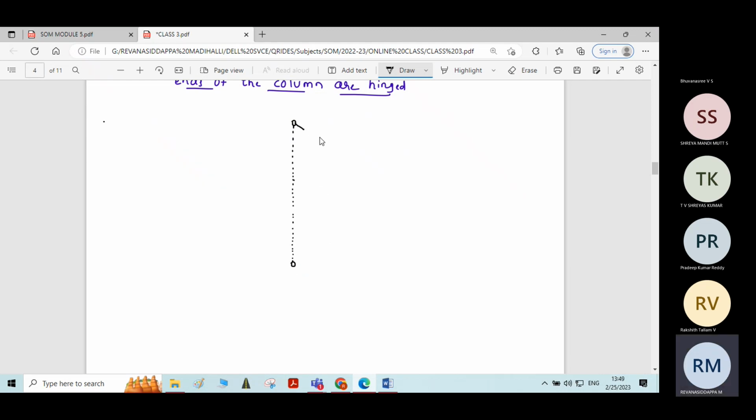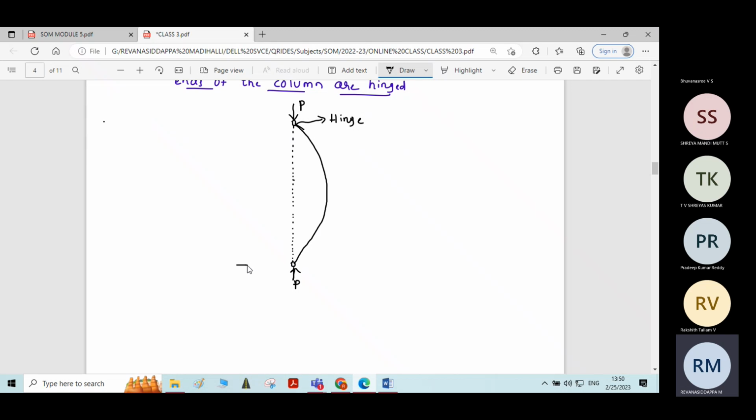This is the deflected shape of the column when both the ends of the column are hinged. So this is the symbolic representation of hinge, and it is acted upon by the axial load P.